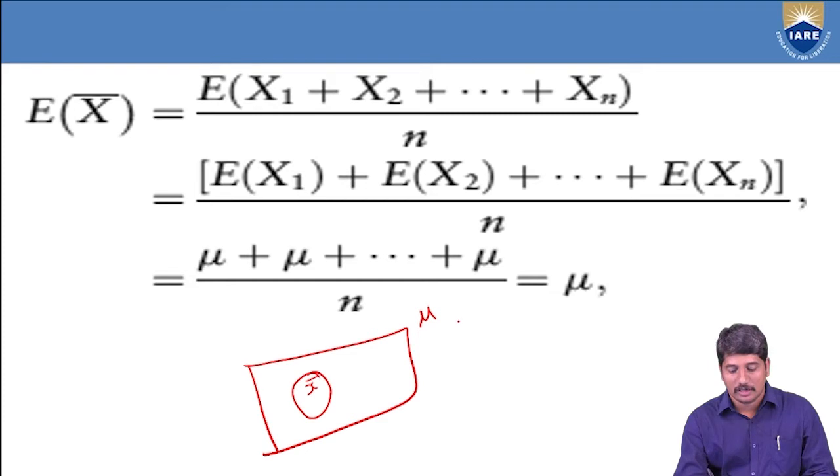Say in a college there are 5,000 students, so we'll take a sample of 500 students. The average height of the 500 students is represented by x bar, and the average height of all 5,000 students is represented by mu.